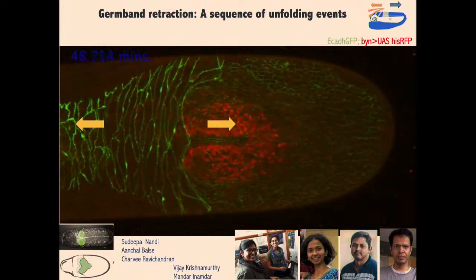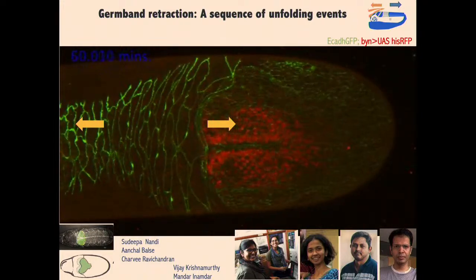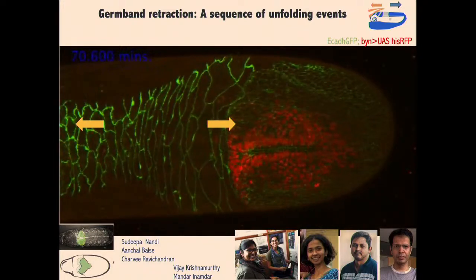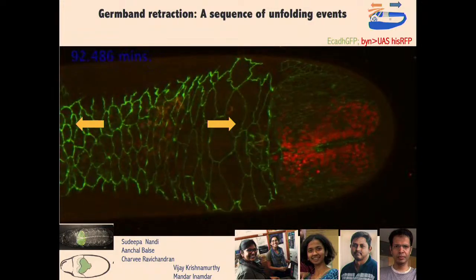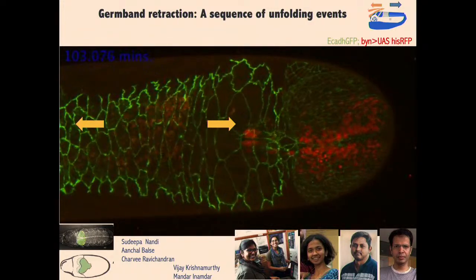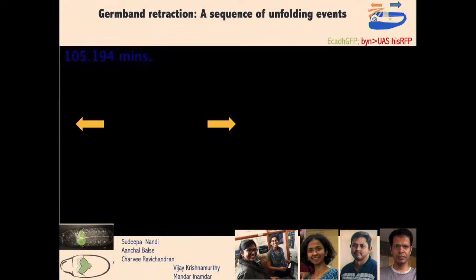So you can begin to see more and more rows of cells until somewhere at this point you'll see all those folds unfold and the red bit goes all the way to the back. So we think of germ band retraction as a sequence of unfolding events. I say sequence, but it's not necessarily one following the other, but two things happening concomitantly, both of them straightening out.